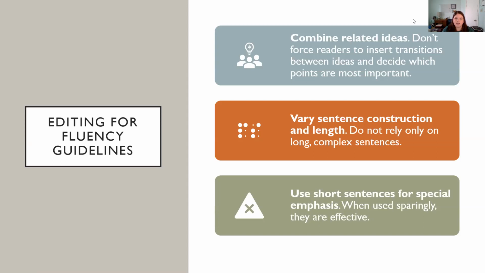And then lastly, use short sentences for special emphasis. You can do this sparingly to be effective. If you have lots of short, choppy sentences where you say, the dog is small, the dog is brown, the dog lives in a house, that gets to be very redundant, which we talked about in our concision discussion. However, if you're really trying to make an emphasis on something and you tell someone this is important and you make that its own sentence, then people are going to identify that this is different.